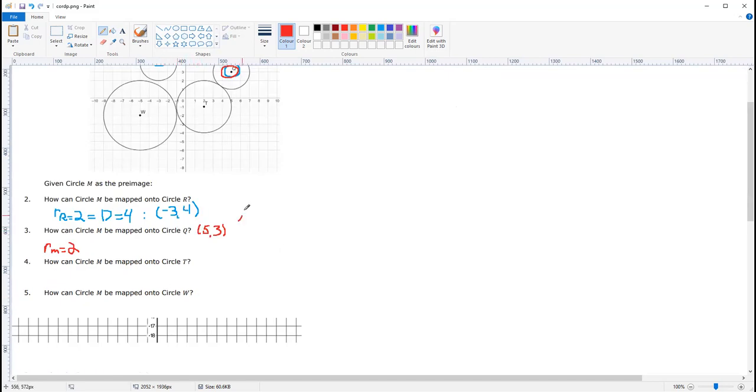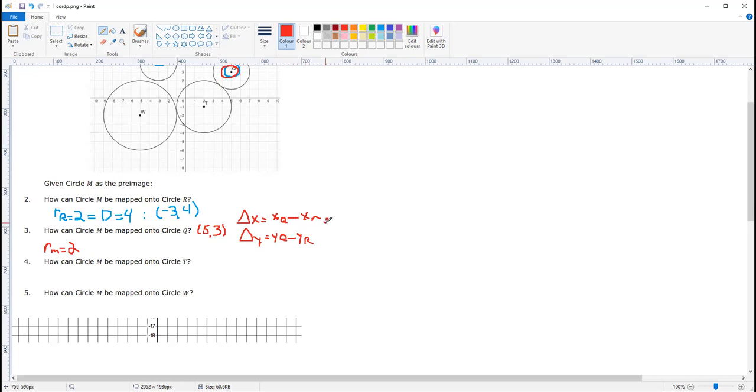The change in X between M and Q is going to be the X value for Q minus the X value for M, and the change in Y is going to be the Y value for Q minus the Y value for M.